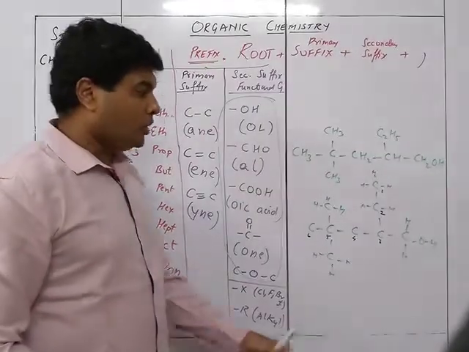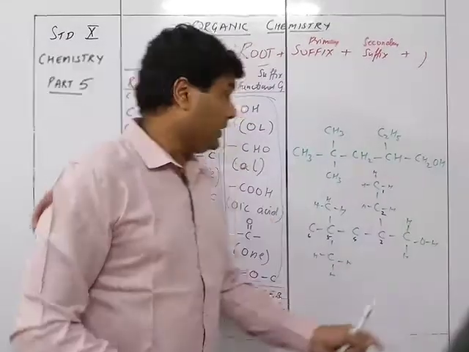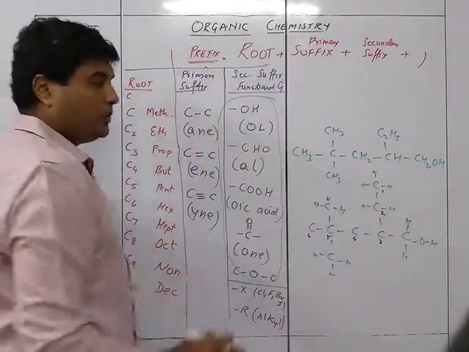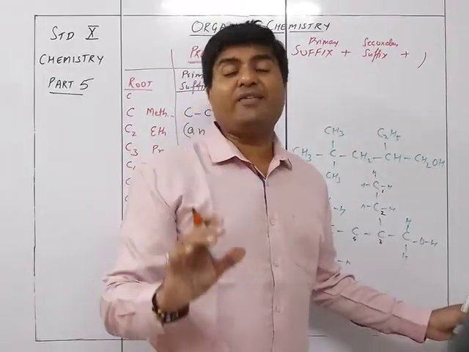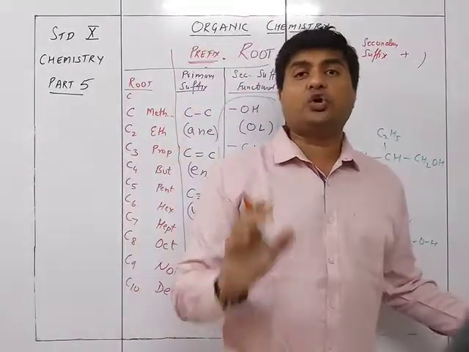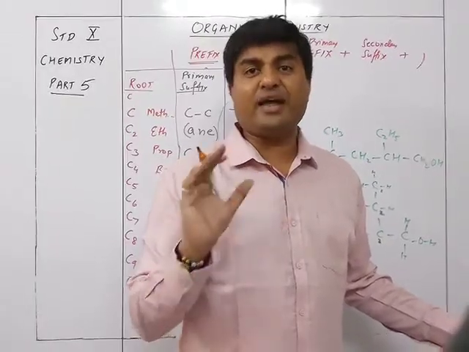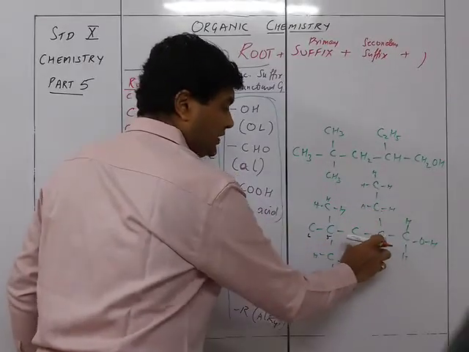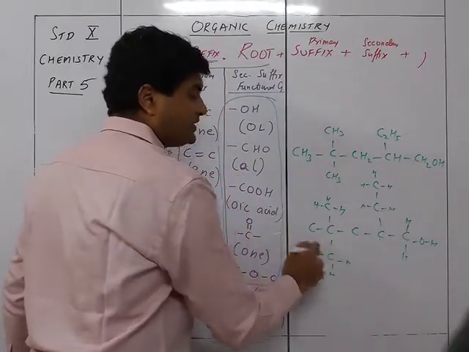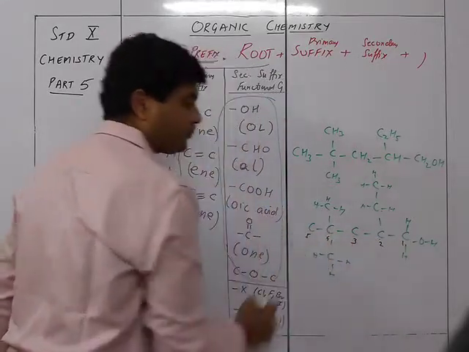But if I do so, what is happening is that my OH group over here, the important functional group, becomes a branch, which is not possible. You can never have a functional group in a branch. Okay, a branch can never have a functional group. That's why I cannot take this as 1, 2, 3, 4 like this, but I will have to start from here as 1, 2, 3, 4, 5.